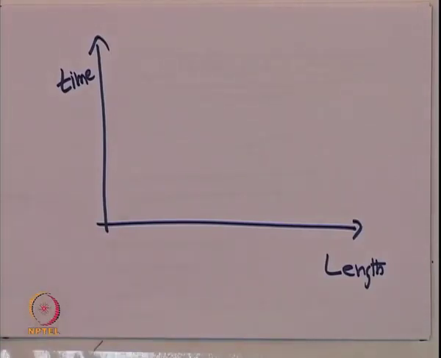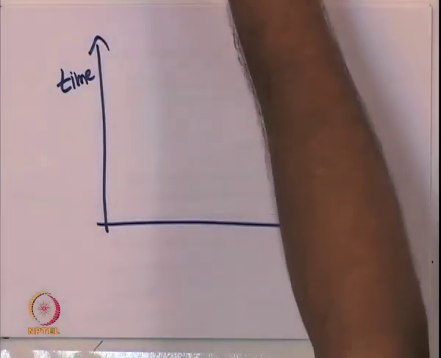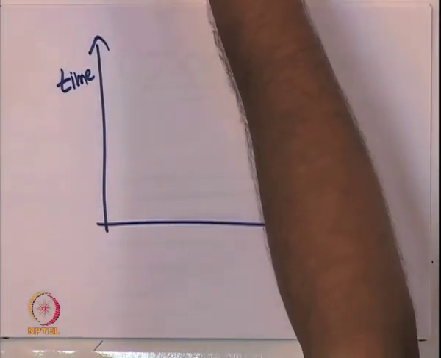So, when we want to plot length versus time, here what we should have is the axes the other way.